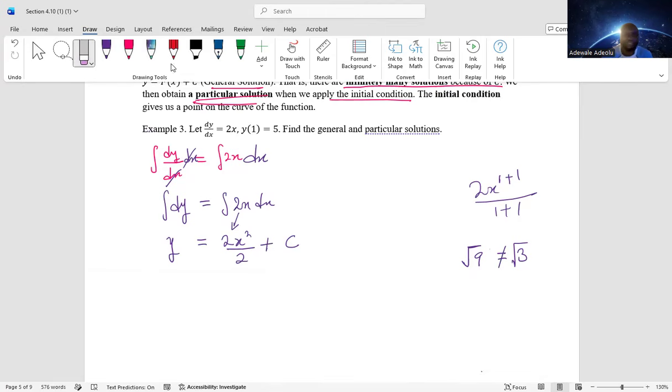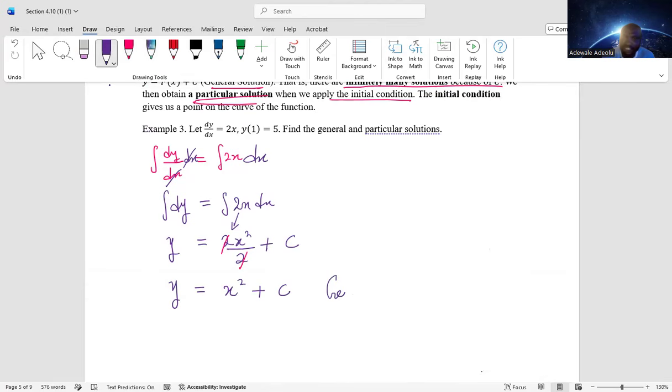So please take note of how to use the notation rightly. So we take care of these two, and our function y is now x squared plus c. However, what we have here is the general solution because it has c.